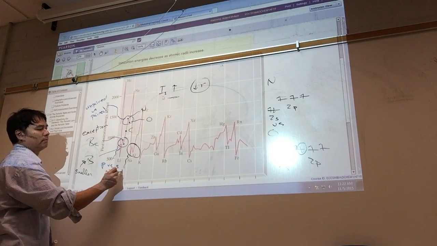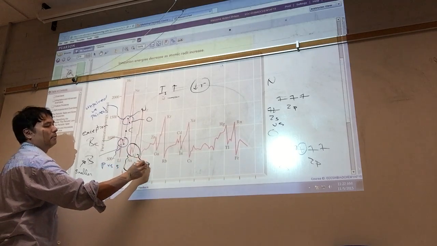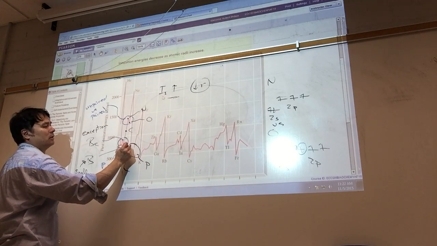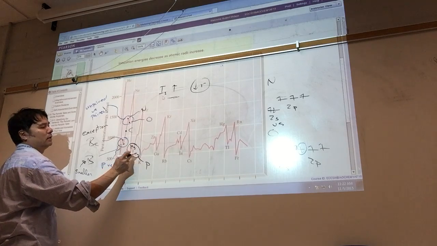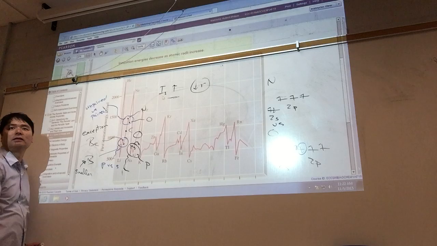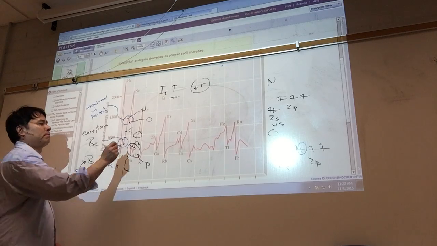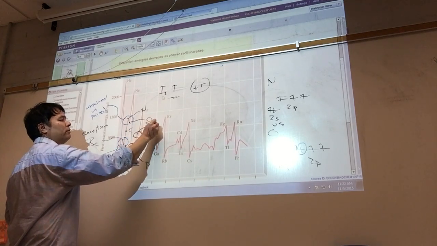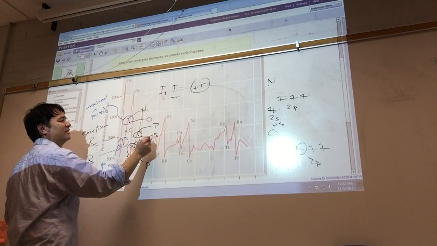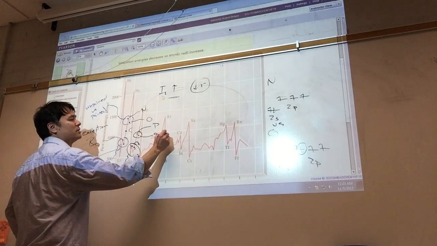The P on aluminum versus an S on magnesium. And then do you see this blip here? That blip is for phosphorus and sulfur. Sulfur is going to be easier to ionize because we're taking a paired versus an unpaired.